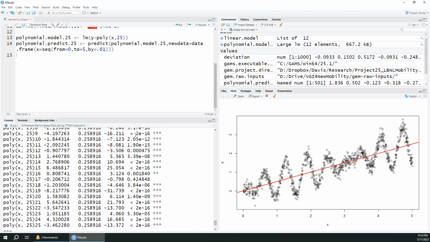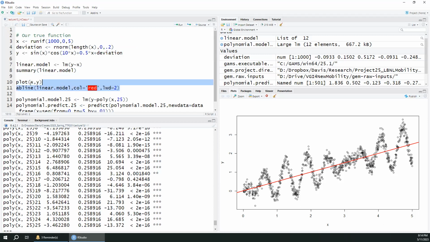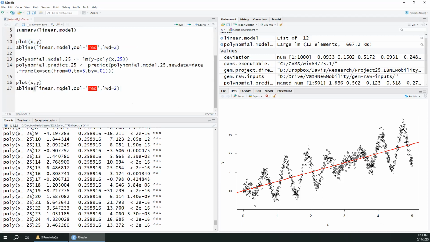Nevertheless, let's take a look at our plot if we include this polynomial. We can use this curve in order to plot it.